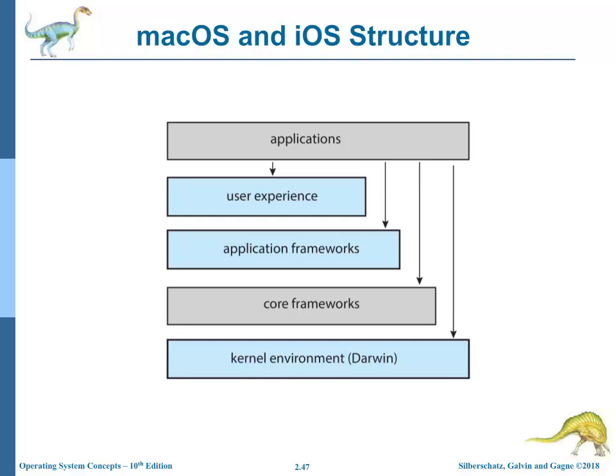As we see from this figure, applications can be designed to take advantage of user experience features or to bypass them and interact directly with either the application framework or the core framework. Additionally, an application can forego frameworks entirely and communicate directly with the kernel environment.